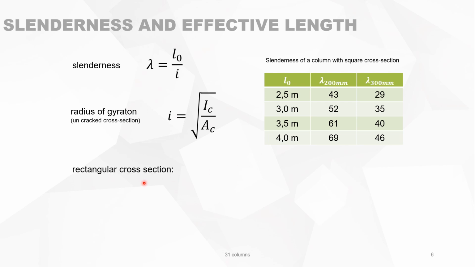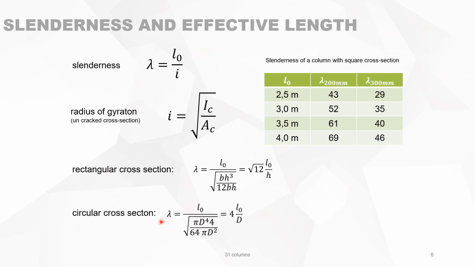For a rectangular cross section, the slenderness is of course L0 divided by the radius of gyration, and we obtain square root of 12 times L0 divided by h. h is here the size of the cross section. And for a circular cross section, we can do the same exercise, and then we see it's 4 L0 divided by the diameter of the cross section.